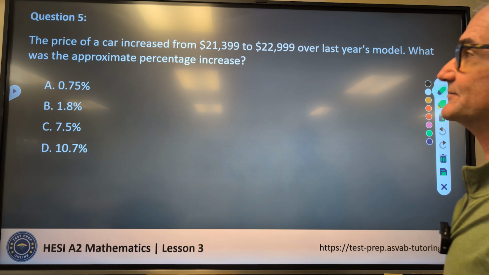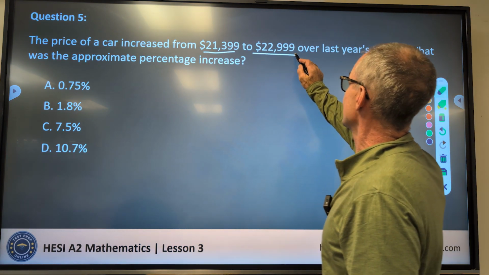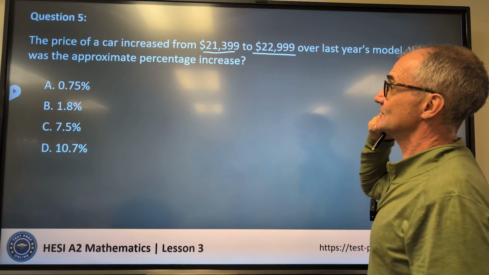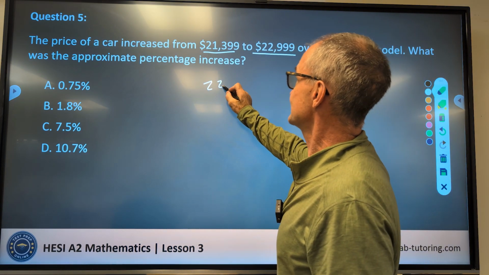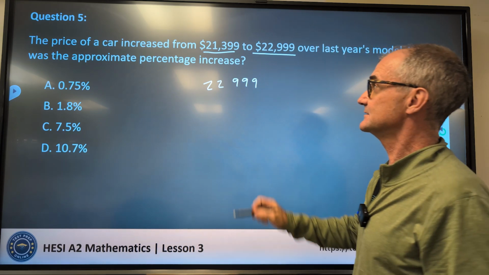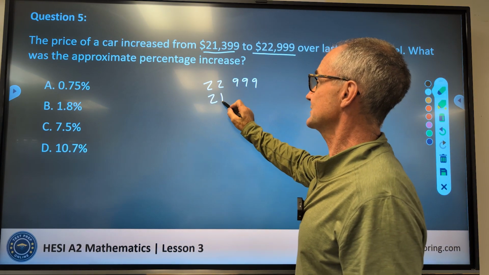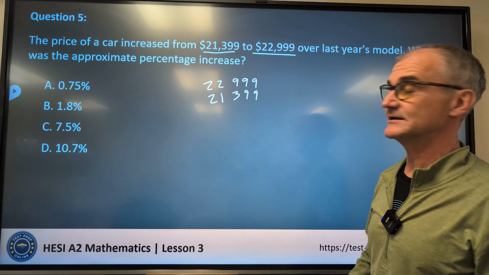Okay, problem number 5. The car price increased from this amount to this amount over last year's model. What was the approximate percentage increase? So let's figure out how much it increased first. It started at 22,999. No, it didn't. It started at 21,399, and it ended at 22,999.